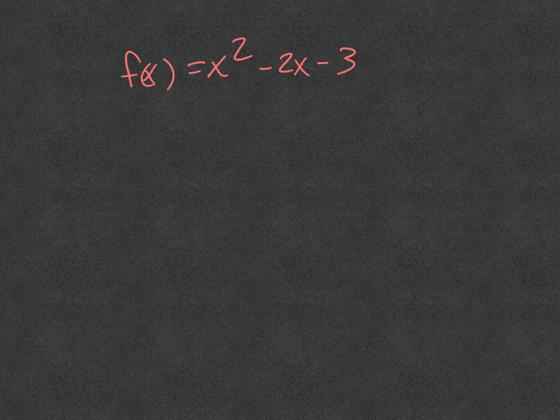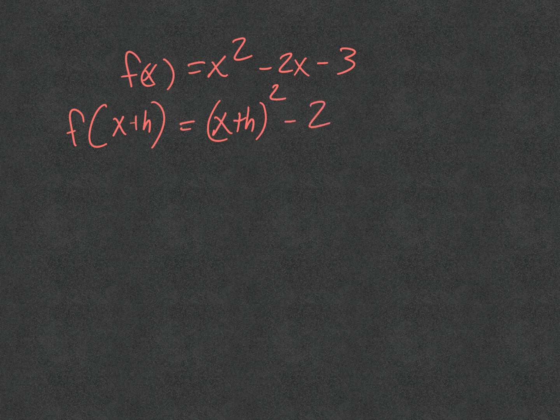All right. F of x was x squared, make sure I write it, minus 2x minus 3. I need to find f of x plus h. Well, that will be x plus h squared minus 2 times x plus h minus 3. X squared plus 2xh plus h squared.